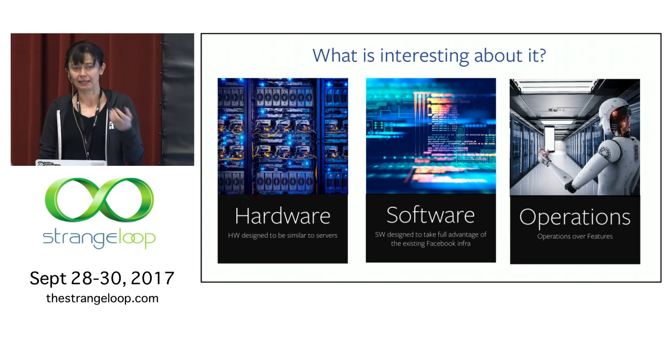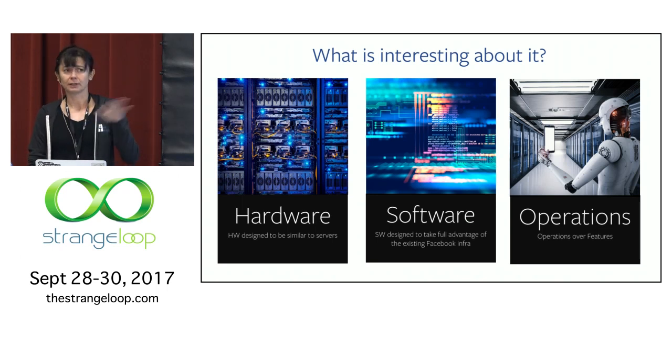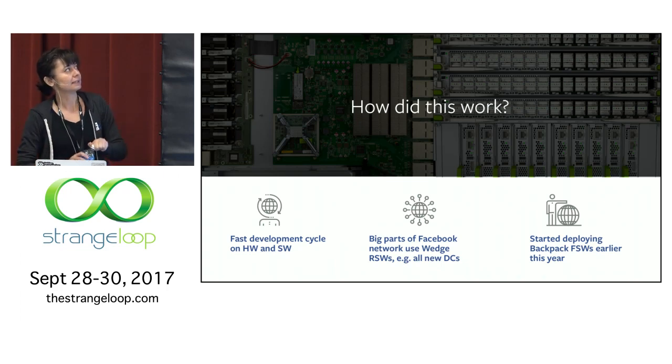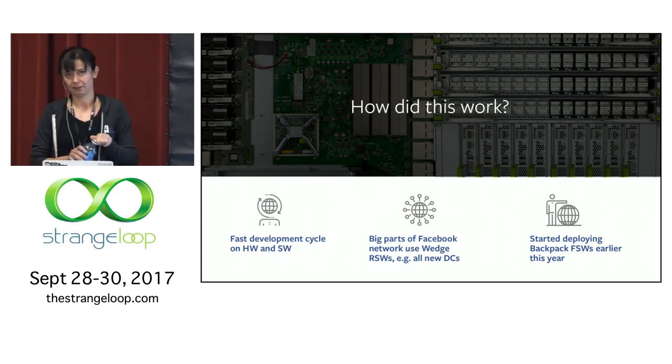A consequence of that is that often, a really cool feature that somebody wants to try, but that would make operations harder, is not going to happen. We want to make sure that every time we add or try something new, we don't change that bar on operations. So let's look a little more at how this worked in practice.